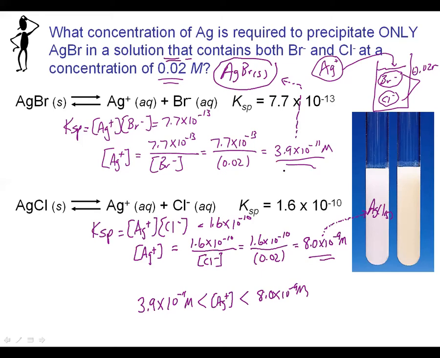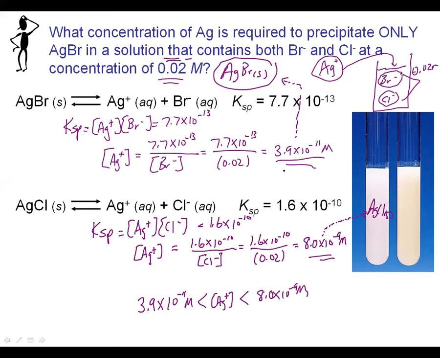And if that should happen, at that point, if you want to then take out the chloride, you would then increase the silver concentration to 8 times 10 to the minus 9. You once again should start to see some white solid come out, which at that point you should be fairly confident is the silver chloride. And you can continue increasing it above 8 times 10 to the minus 9 until you do not see any more white solid come out.